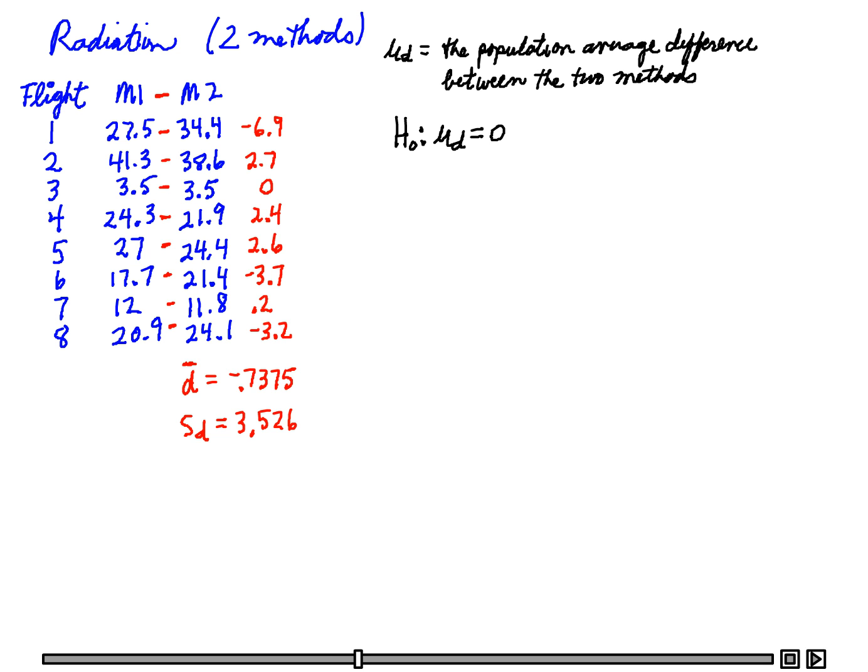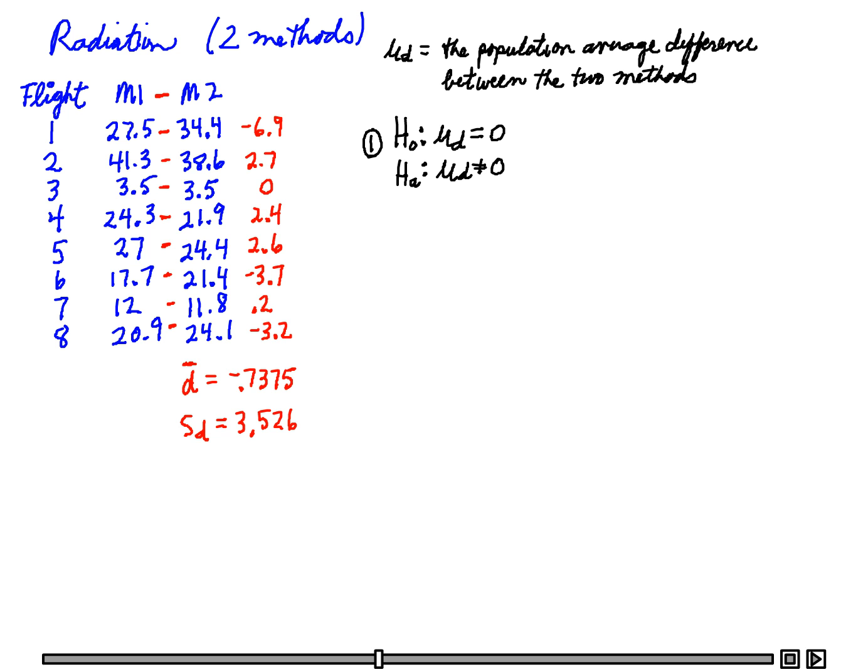The difference between the measured values from each method that we took average out to be 0. And we're going to test that. So we're going to see if there's enough evidence to show otherwise that mu sub d is not equal to 0. And so the very first step of setting up this test is to establish the null and alternative hypotheses.